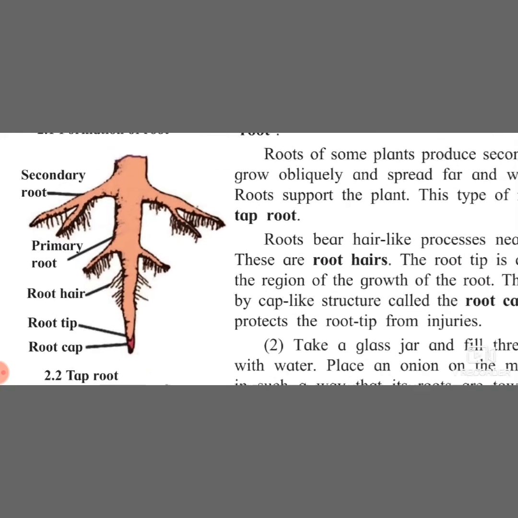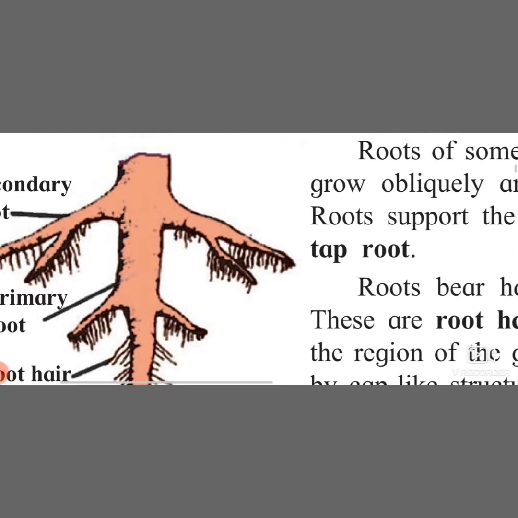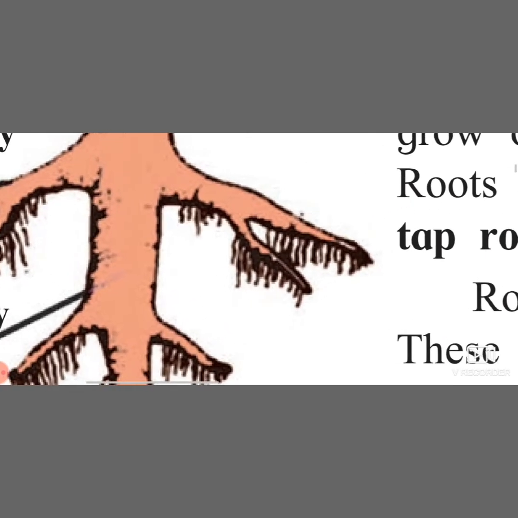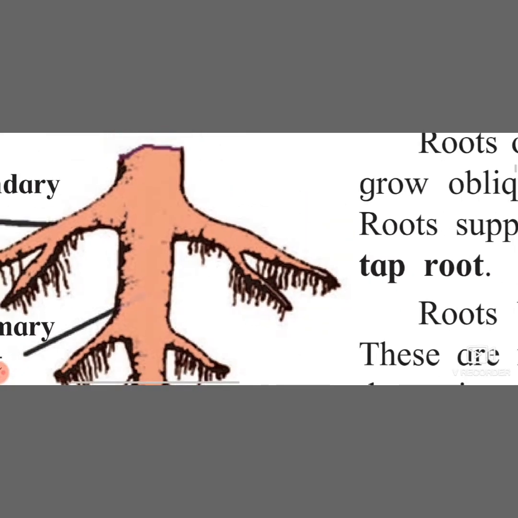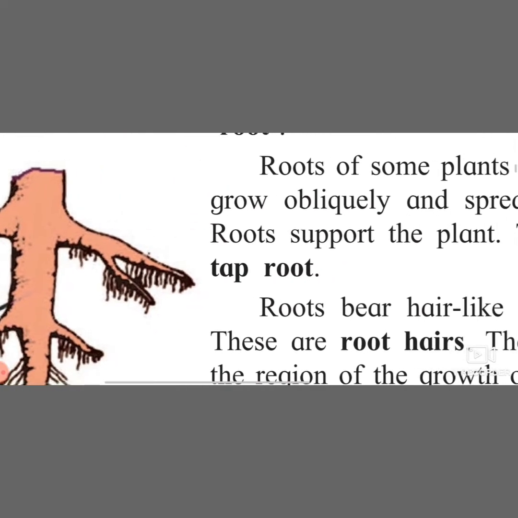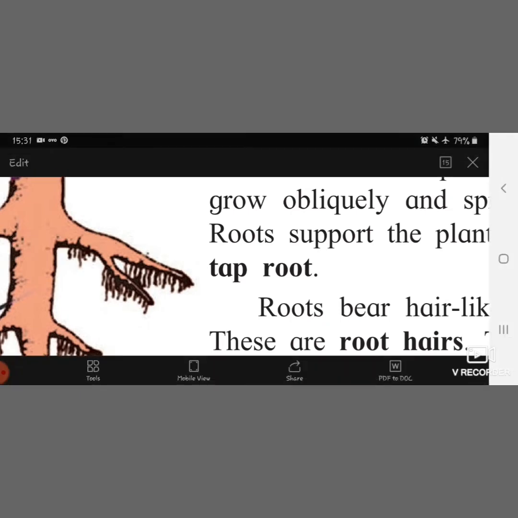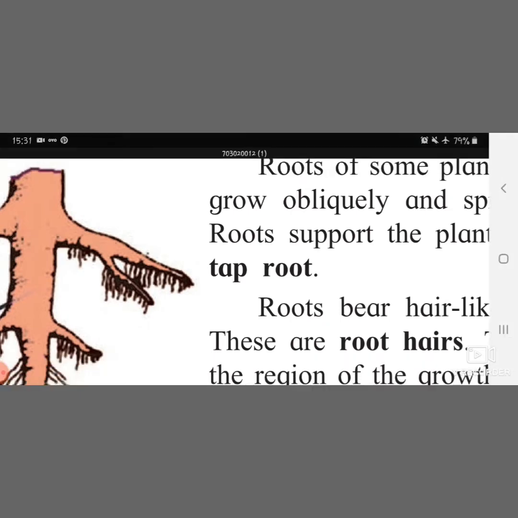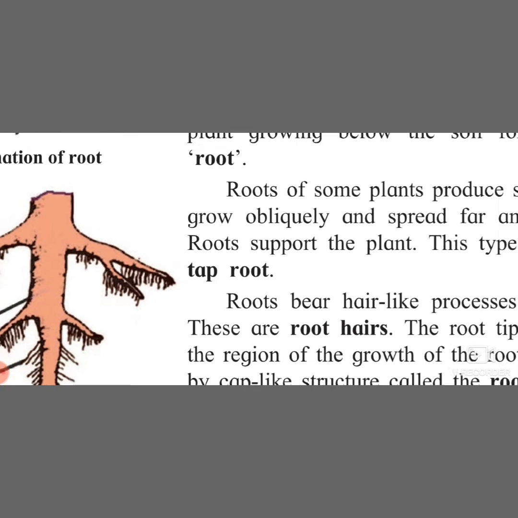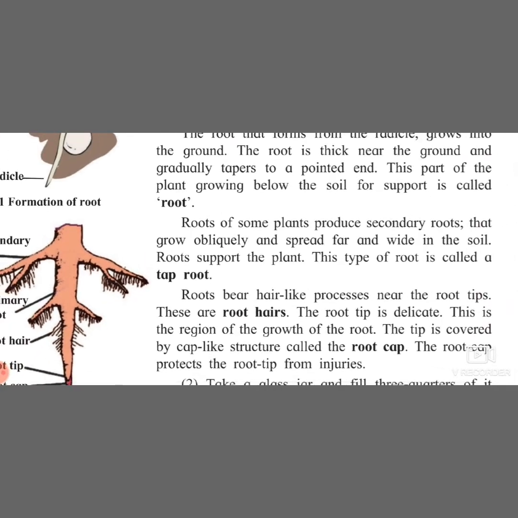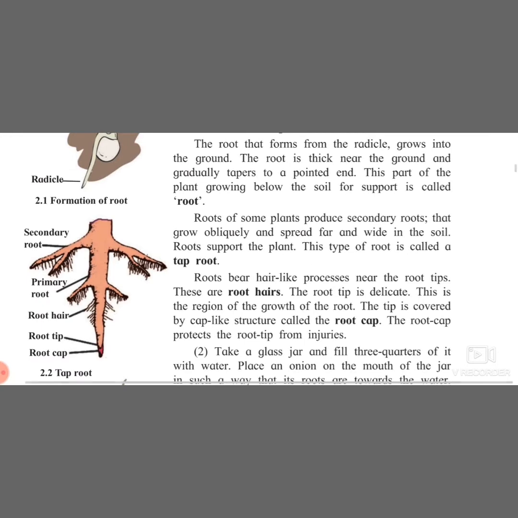If you see this one, I will just focus. You can see this part, the main one, that one is the primary root, and the branches which you can see over here are called secondary roots. So from primary you can see the branches forming, so they are said to be secondary roots.